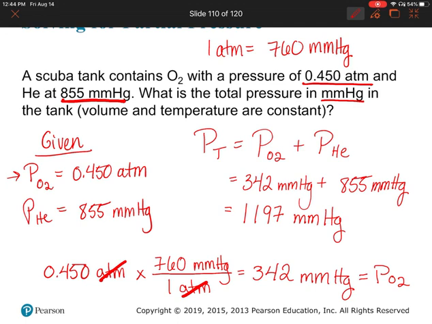All right, so let's talk about sig figs here. How many sig figs were we given for each value? Just 3, right? So our final answer should also just have 3 sig figs.